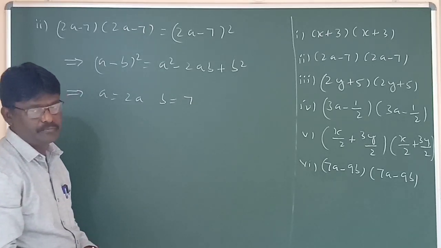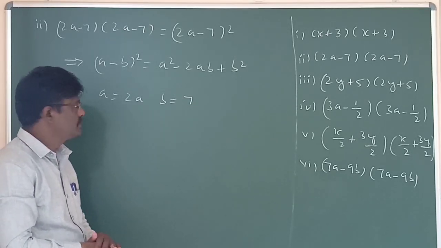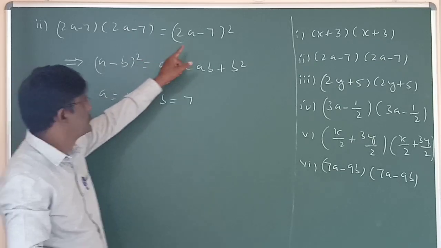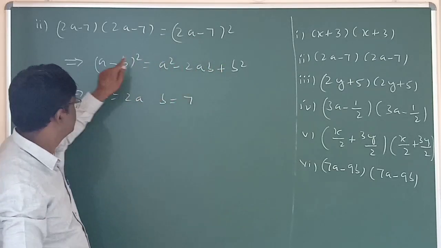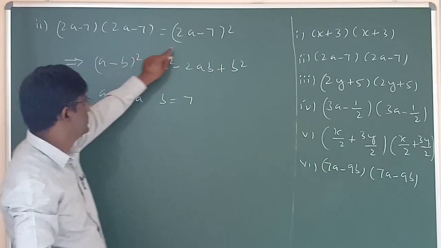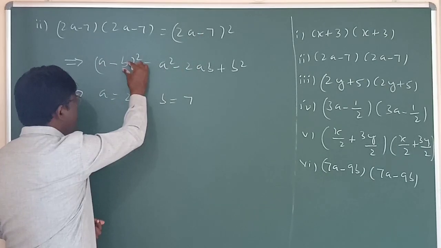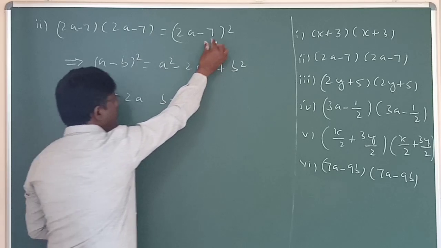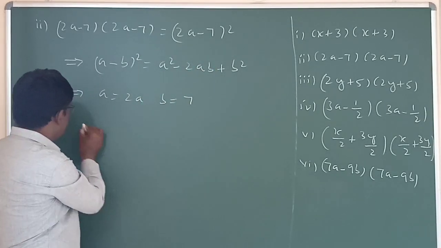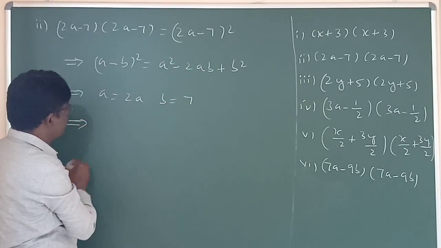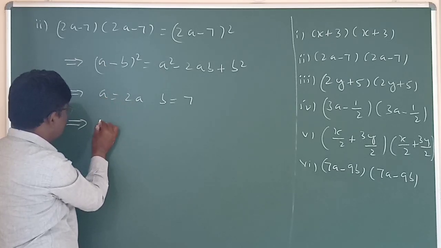Most of the time you will get a little confusion. What is that? b as minus 7? No. Here in the formula we have minus, and the given expression also has minus. Therefore you consider only the quantity b. In place of b we have 7. Now therefore a is 2a.